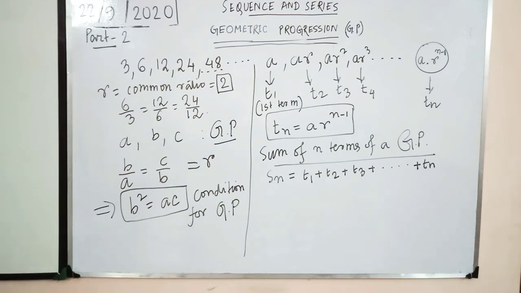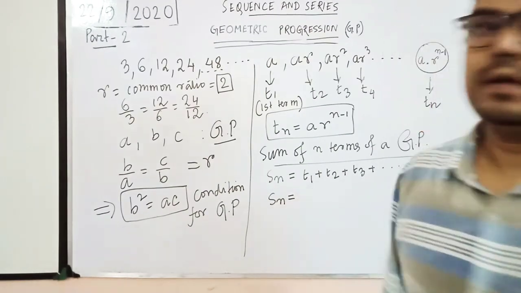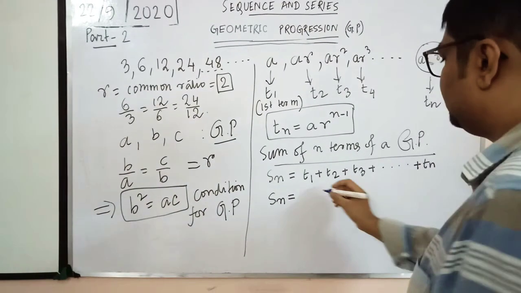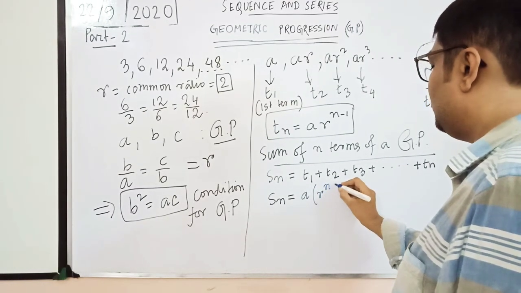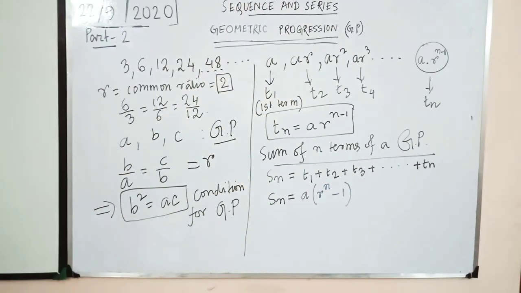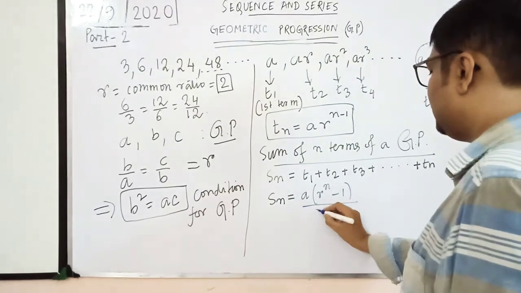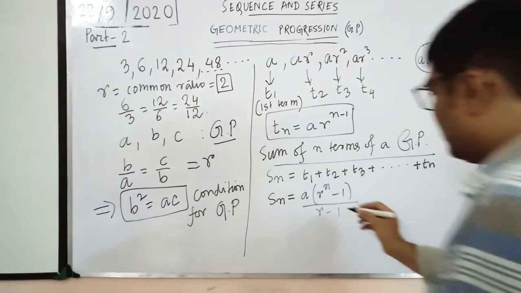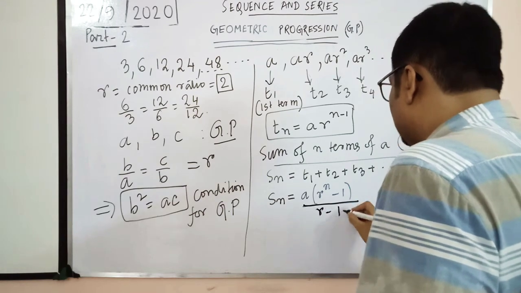Now let us write the Sn formula. We write A into R to the power n minus 1, whole divided by R minus 1.